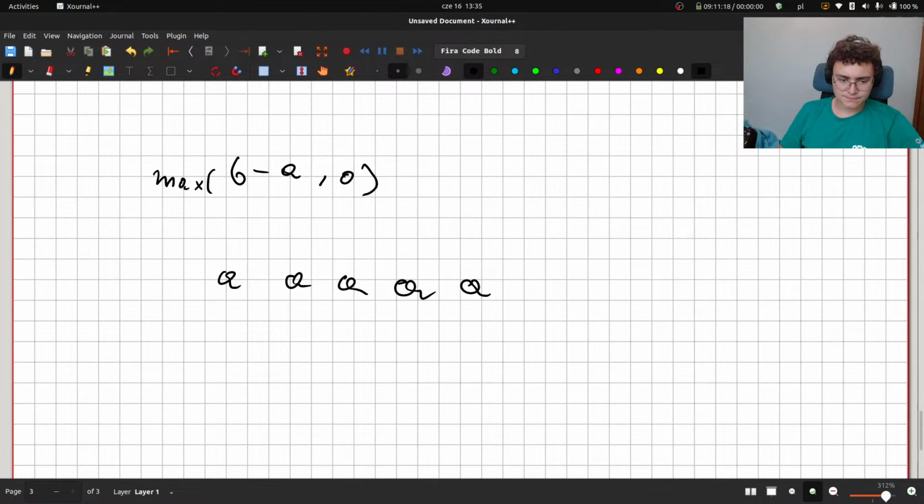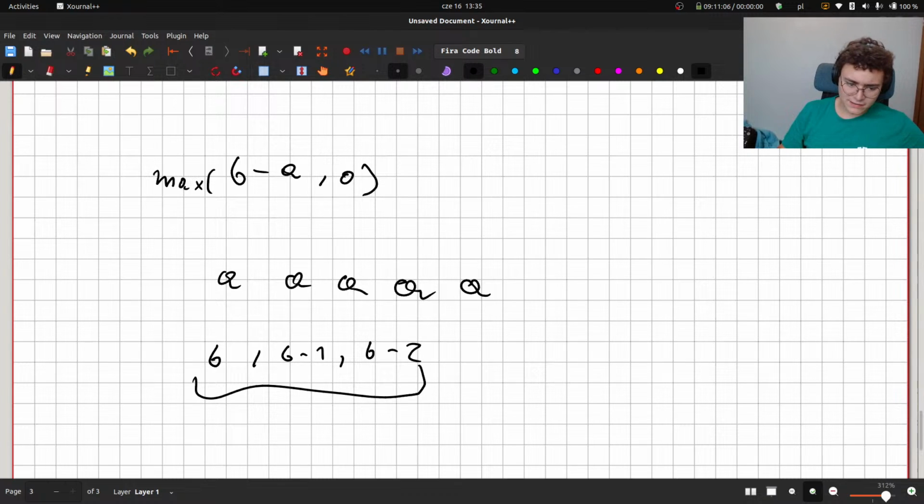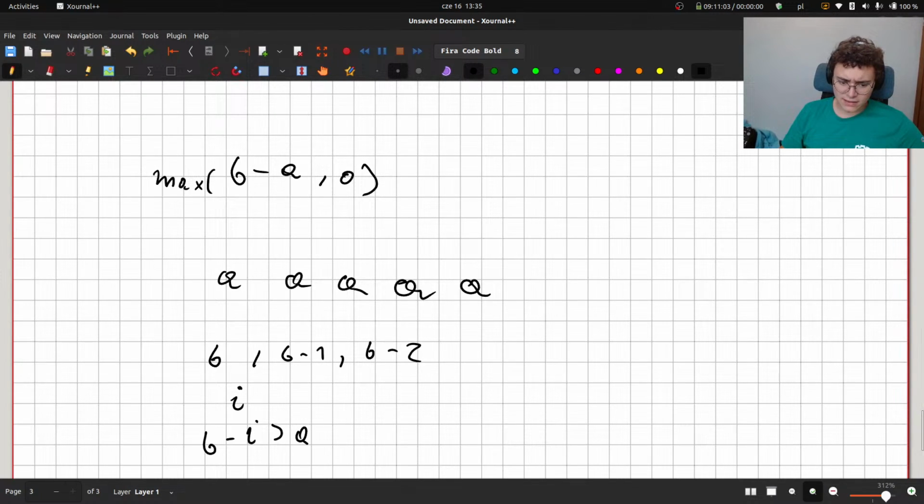Why? Because in the first index we'll have value b, in the second we'll have b minus 1. So we want to find the last such I such that b minus I is still greater than a, right? So b is greater than a plus I, b minus I is greater than I, right? So this is why you have b minus I.